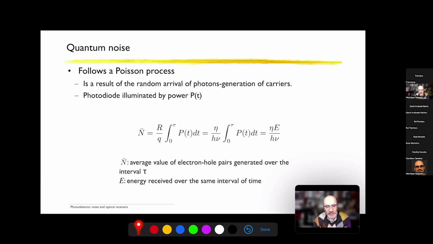And if we divide the current by the electronic charge, then we obtain the total average number of electrons generated at the receiver.